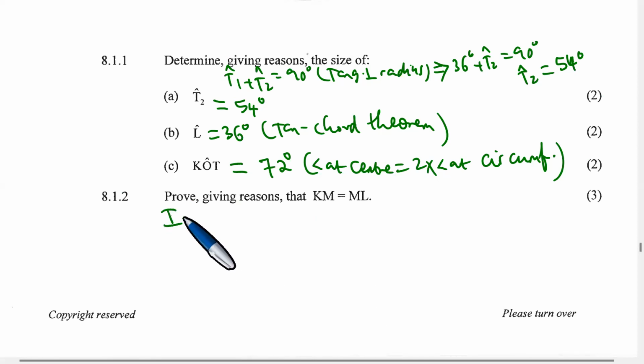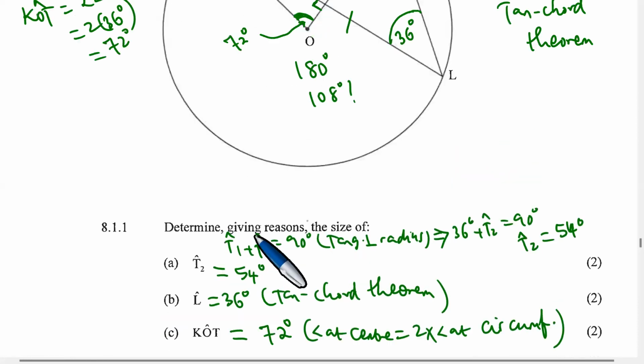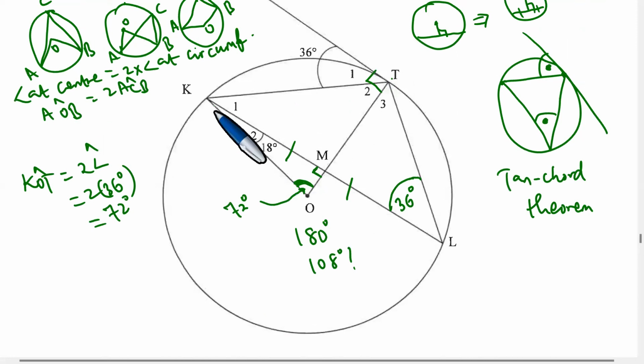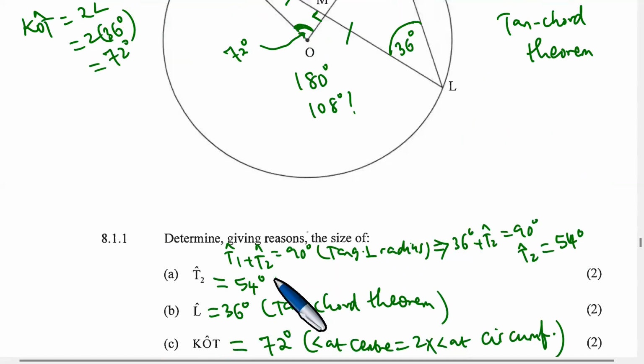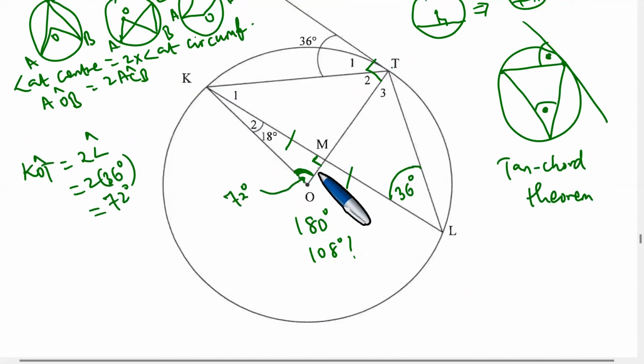So in triangle KMO, what do we have in that triangle KMO? We just need to find this angle here, angle KMO.